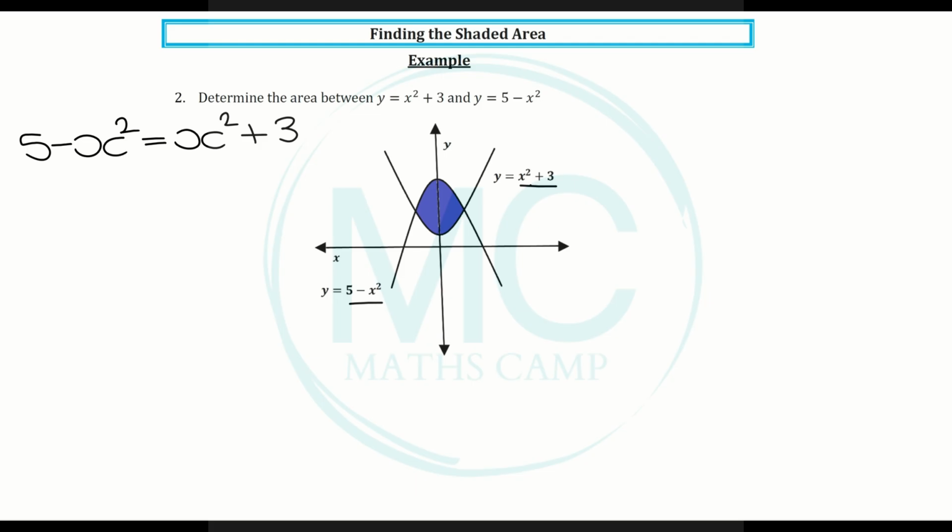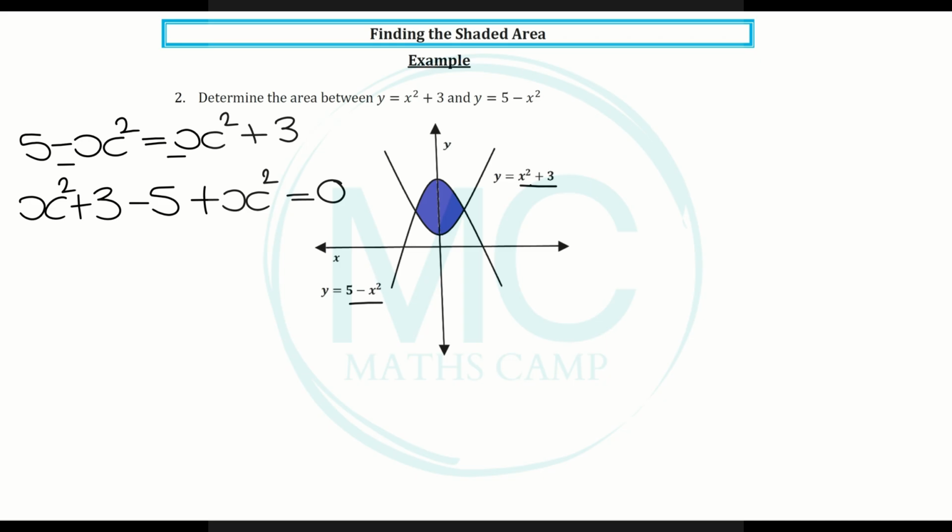On the left, the coefficient is -1, and on the right, +1. +1 is greater than -1. So let's move all of our terms to the right. I'm going to have x squared plus 3. Move 5, get -5. Move -x becomes positive x squared, and this is equal to 0.